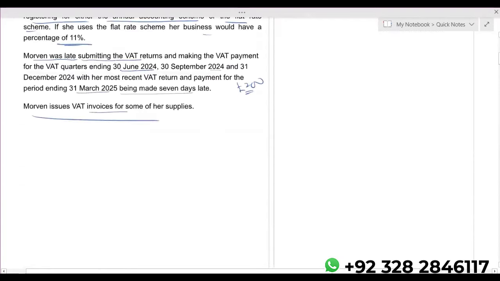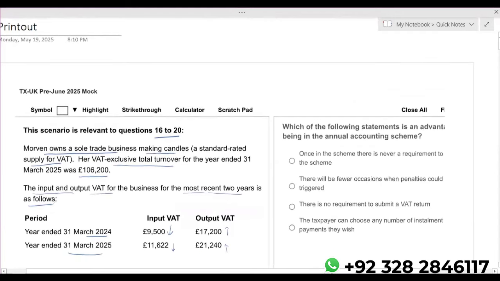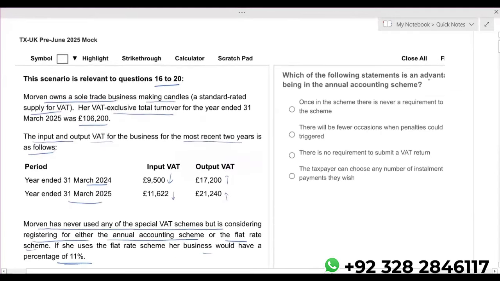Now let's see what the examiner is actually asking us. Which of the following statements is an advantage of being in the annual accounting scheme?